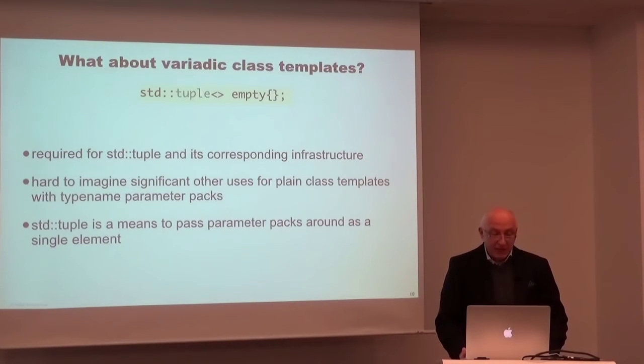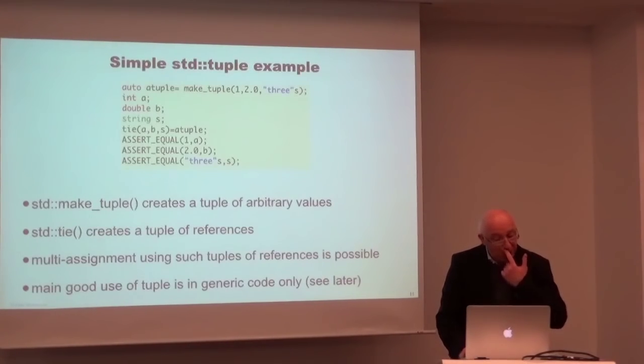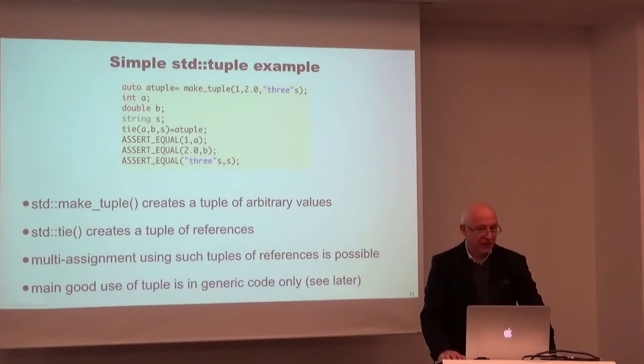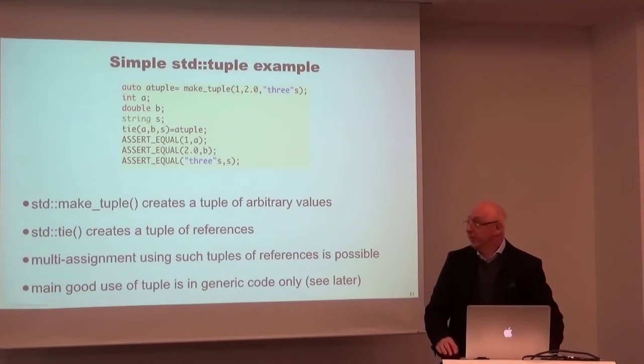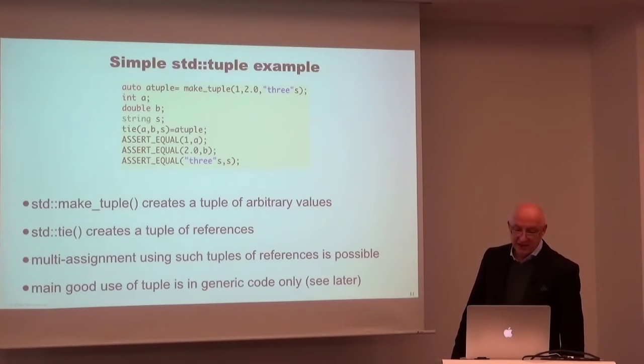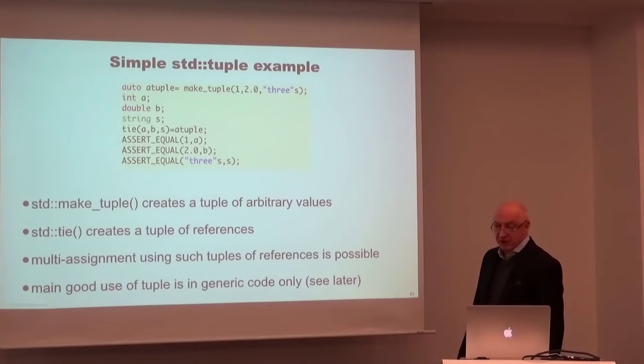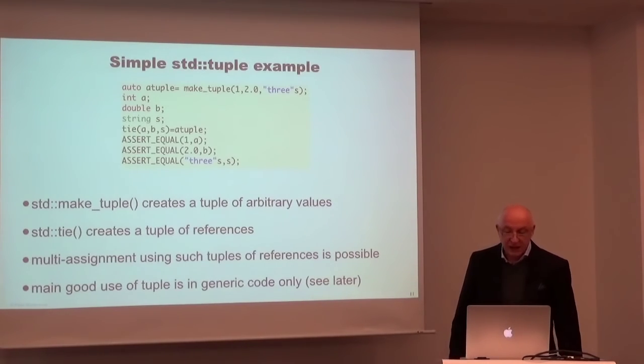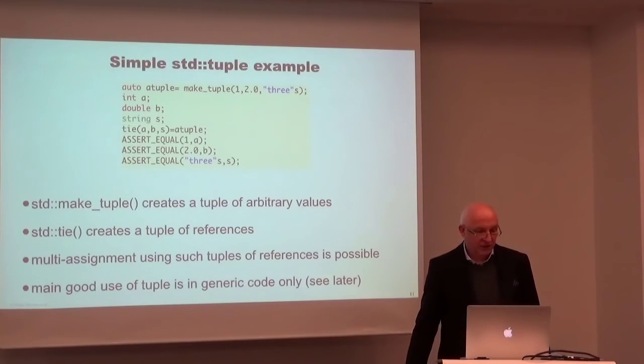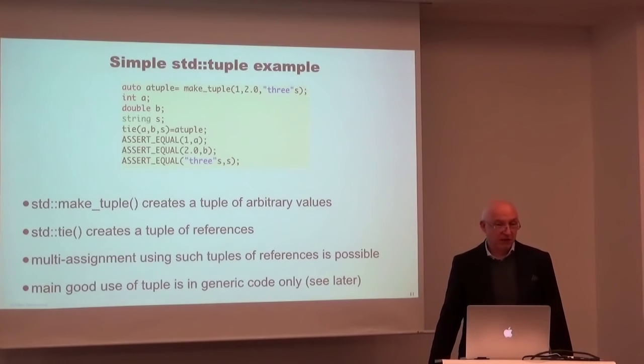Okay, we can have empty tuples. That's the easy part. Or we can make tuples, and there are two ways of making tuples. One is called make_tuple, and the other one is called tie. The difference is that make_tuple creates a tuple of values, and tie creates a tuple of references.